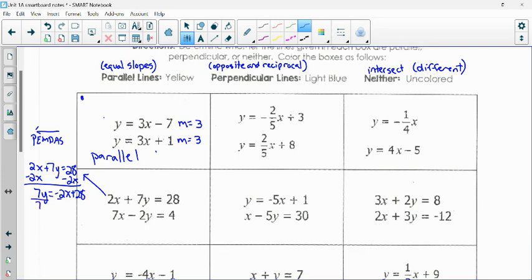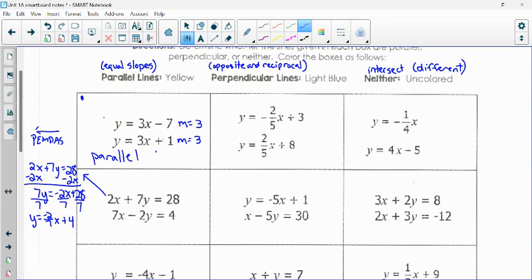And then I would divide everything by 7. So negative 2 over 7, I'm leaving that as a fraction. Negative 2/7, leave it as a fraction. Then we have our x, and 28 divided by 7 is 4. For the bottom one, I'll just do it right underneath it.